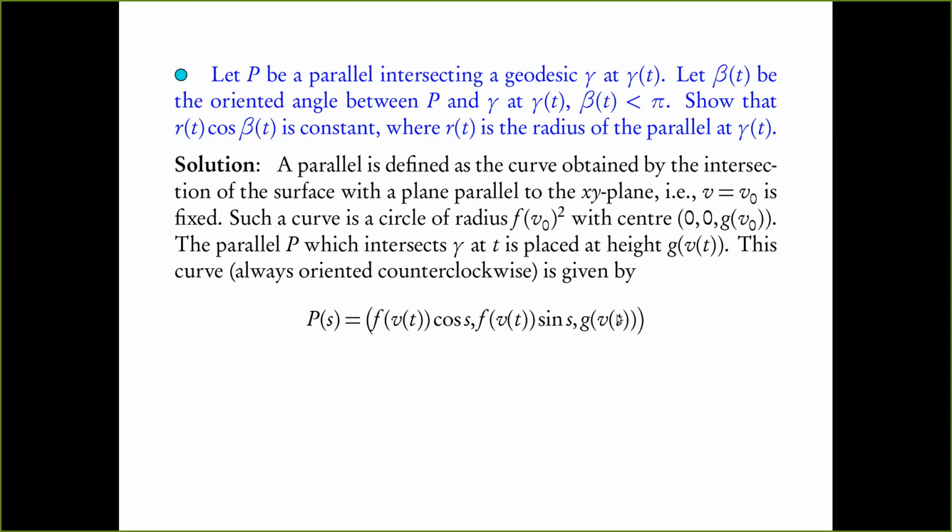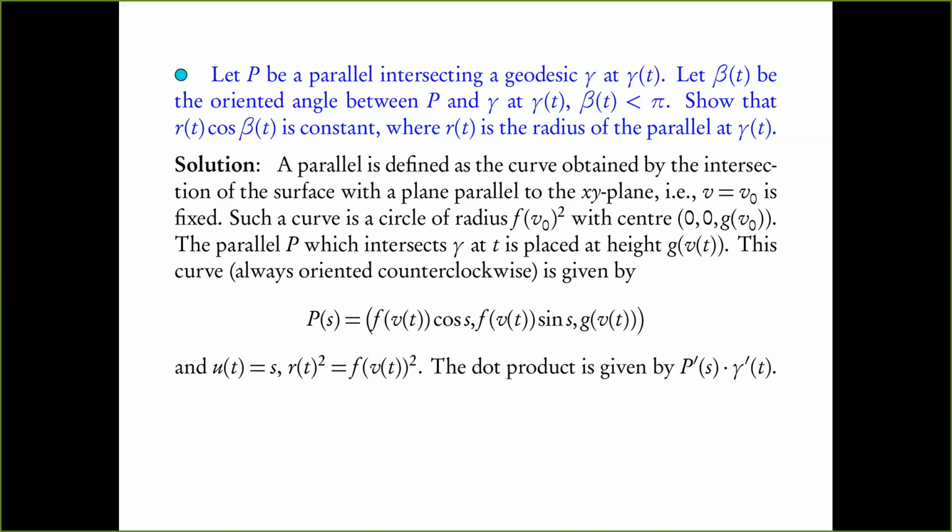Remember, this t is the specific t for which v of t is v0. For each point on the geodesic, you have the corresponding v of t, you look at the height g of v of t and the corresponding radius f of v of t, and take the circle with that radius. That's the parallel.